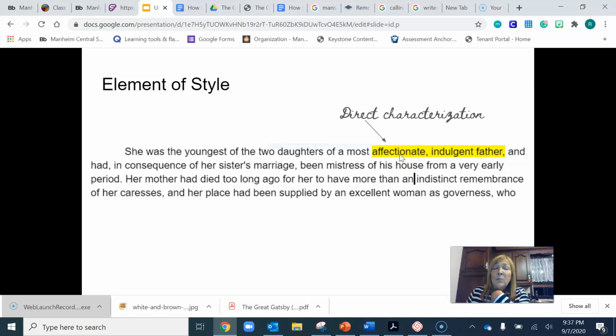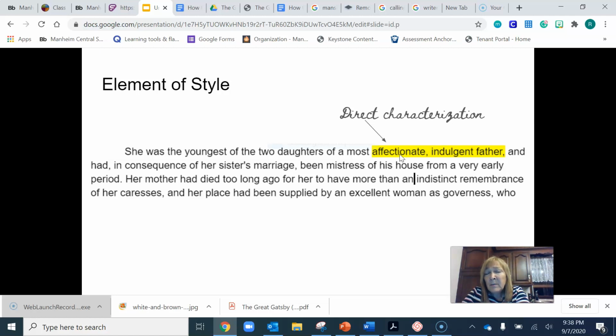Many times we say to writers that it's best to show, not tell. But we can't always show and not tell. And here we see that Jane Austen is very directly telling us he was an affectionate father, he was an indulgent father. We'll see that develop through the rest of the novel. But direct characterization is one of the elements of style that you can see very clearly on this opening page.